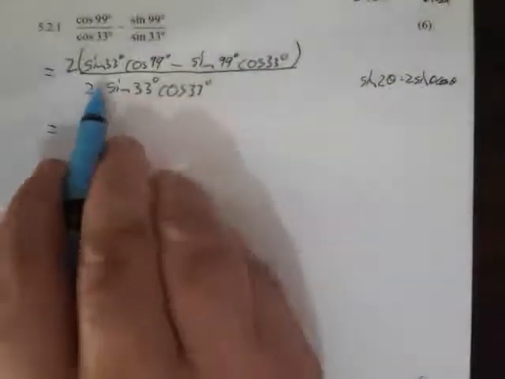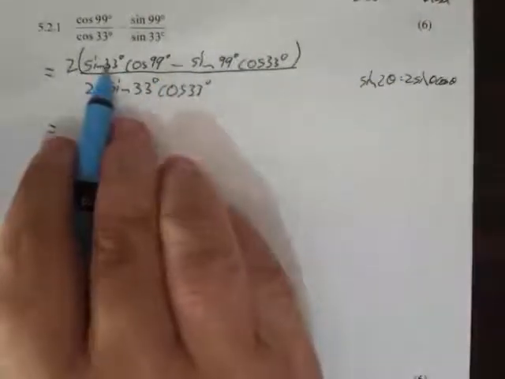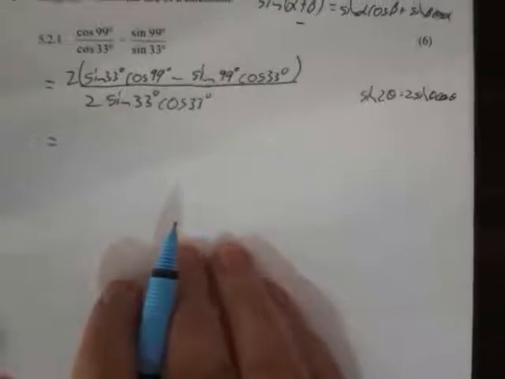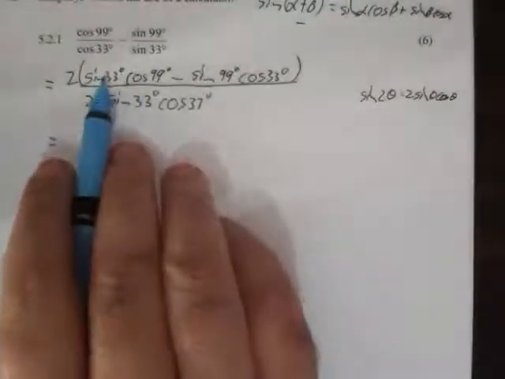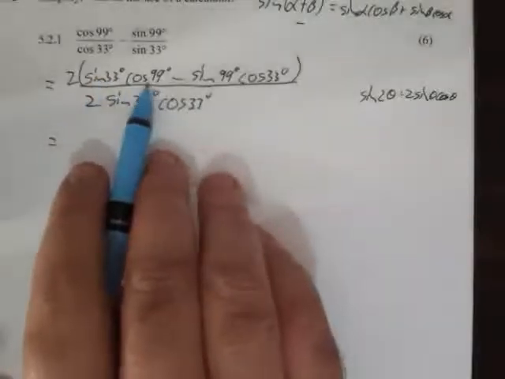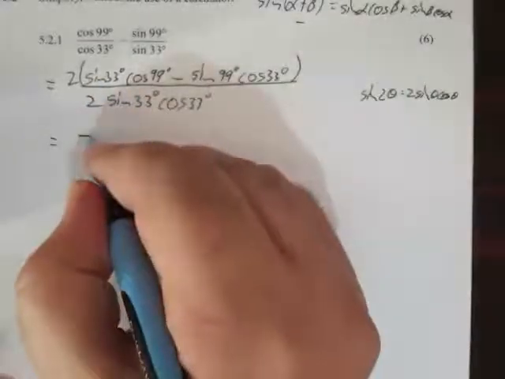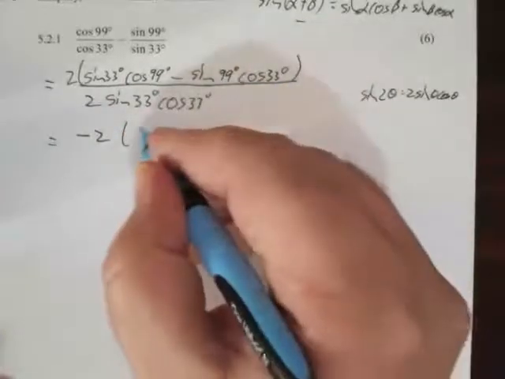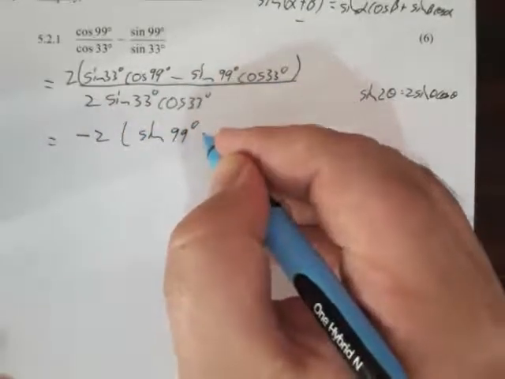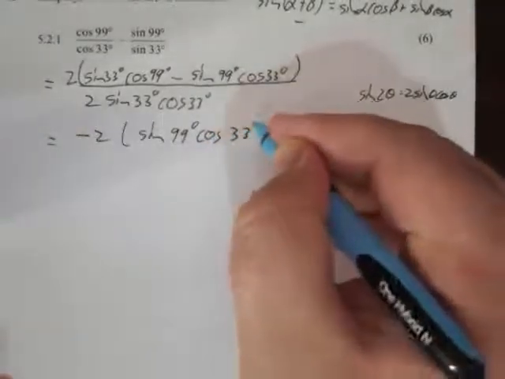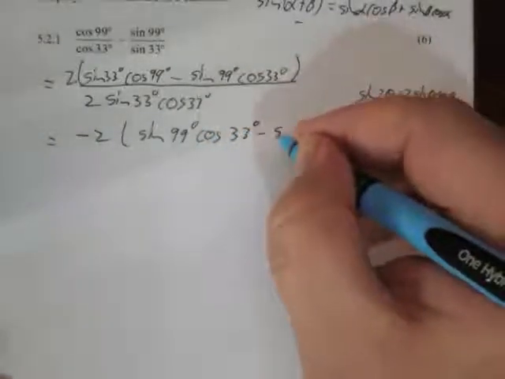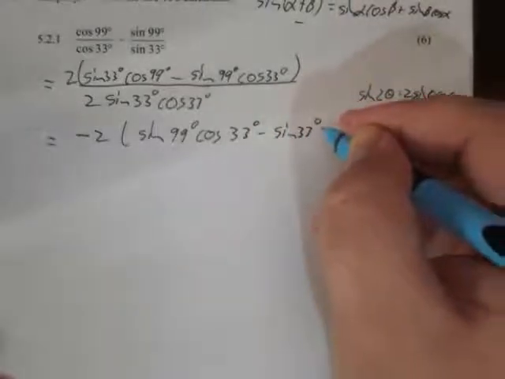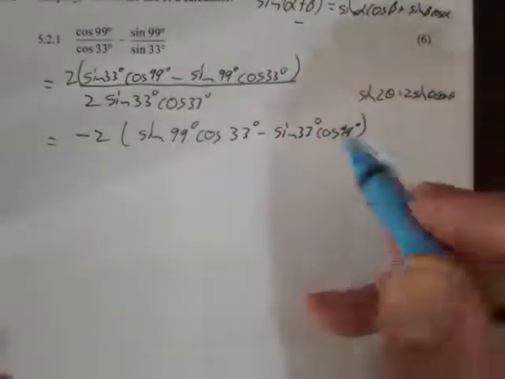And remember the brackets. Okay, and the next thing I'm going to see is that that looks like the compound angle with a minus sin of alpha, and it will be minus beta in this case. But that would give us a minus 66. So if I swap it around by taking out the negative, it becomes sine of 99 degrees cos of 33 degrees minus sin of 33 degrees cos of 99 degrees.